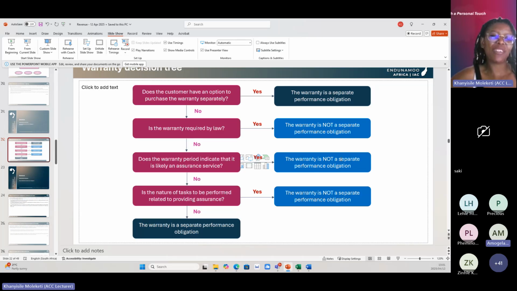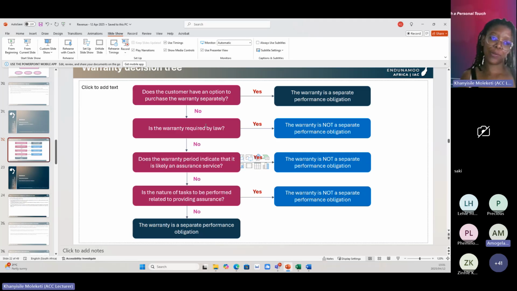So in most instances, it will be an assurance type or something required by law. So you see all our no's here, all the non-POs speak to assurance type or required by law. I can't think of a different circumstance now, but there could be other circumstances. But yes, in most instances, it would be an assurance type that would not be a PO. Okay, no problem.